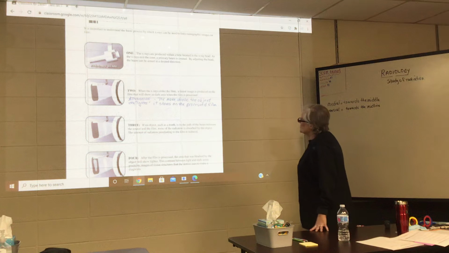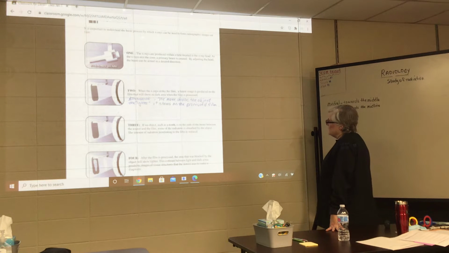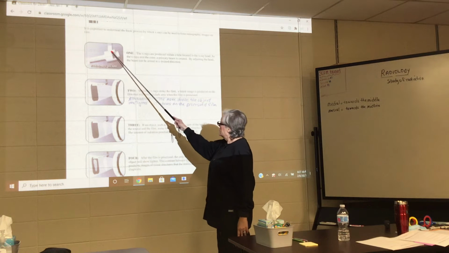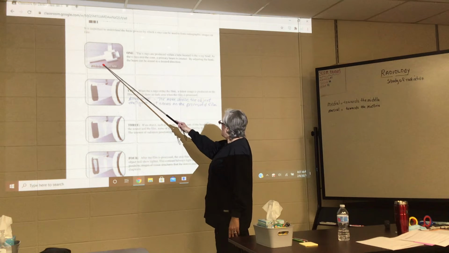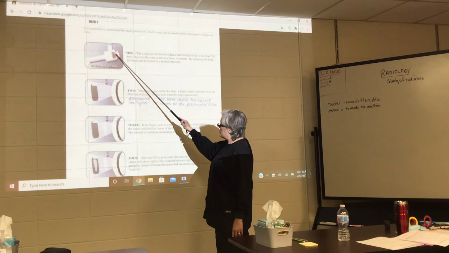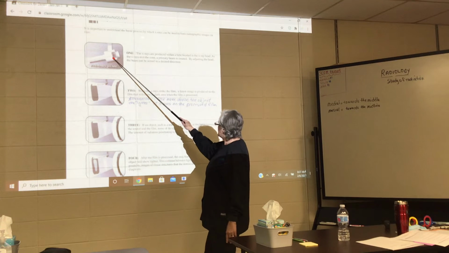It's important to understand the basic process by which X-rays can be used to form radiographic images. X-rays are produced within the tube head. They're produced in a tube that's located inside the X-ray head.